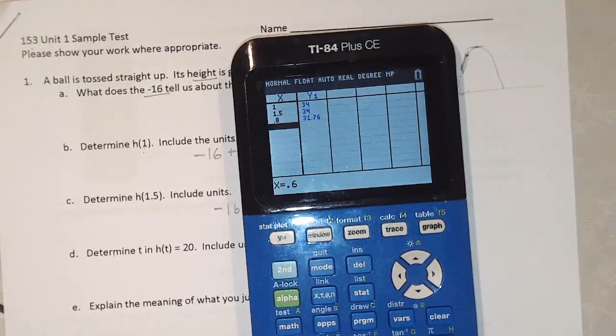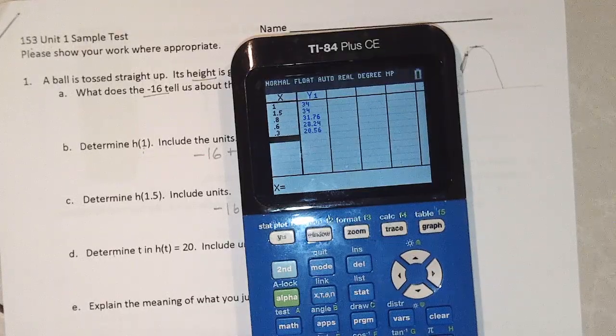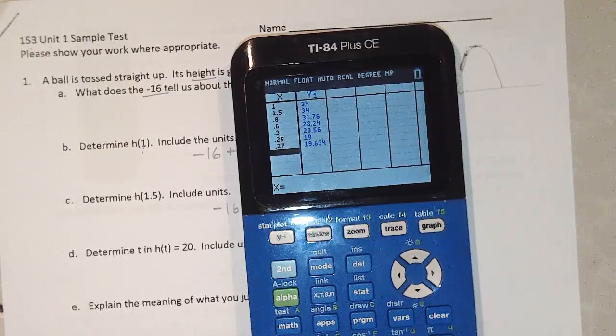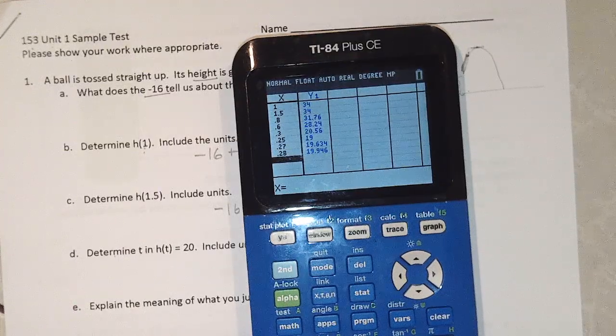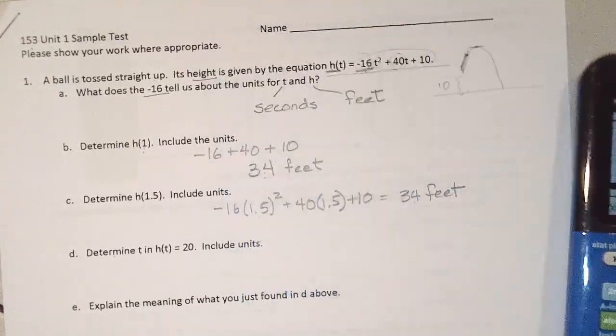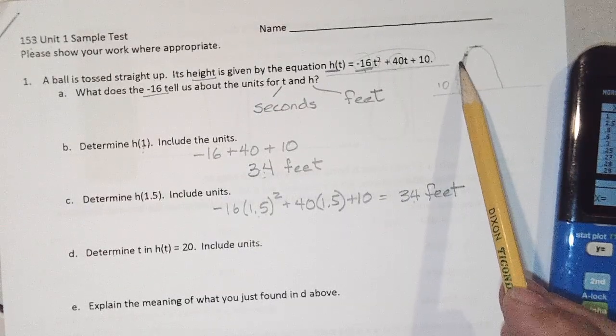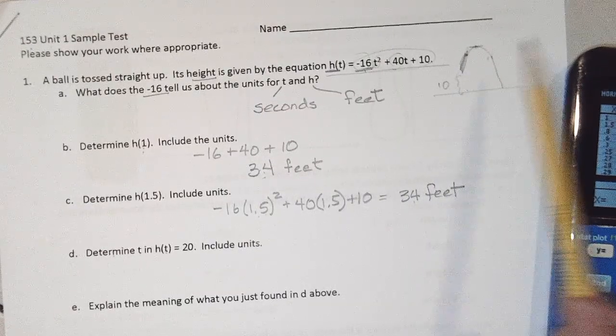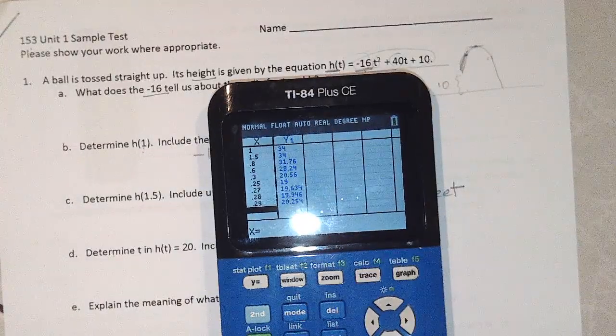So 0.6 seconds, 28, too high. 0.3 seconds, oh, that's close. 0.25 seconds, too little. 0.27 seconds, getting closer. 0.28 seconds, getting closer. 0.29 seconds, too much. So it's between 0.28 and 0.29, around a quarter second on the way up, and then it's going to be over here later after 1.5 seconds.